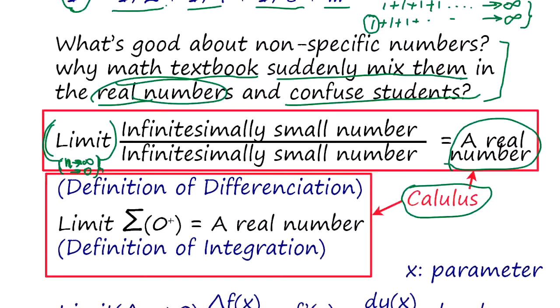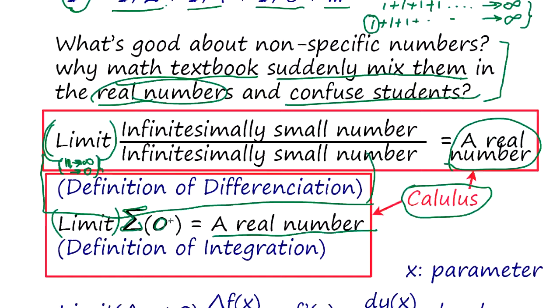This is differentiation. The definition of this is differentiation. And when you take an infinite sum of infinitesimally small numbers, the limit can produce a specific number, a real number.